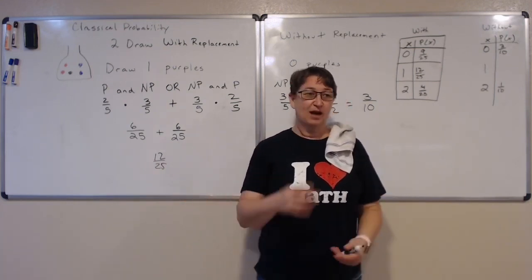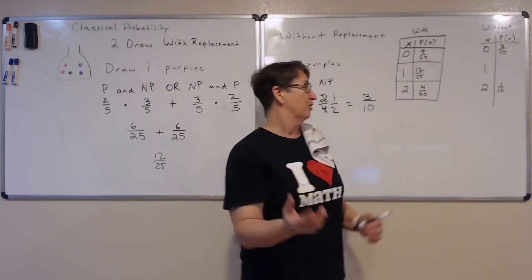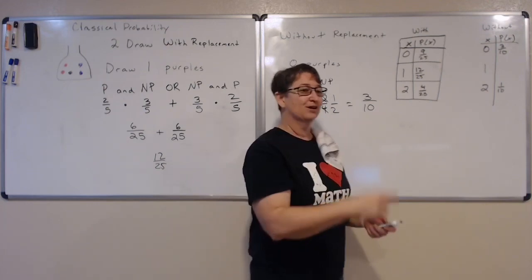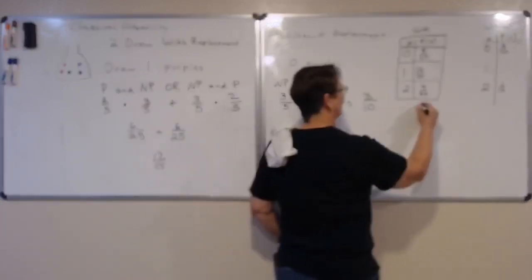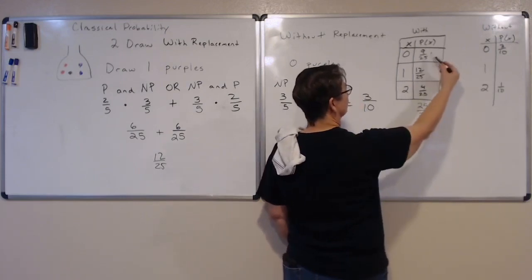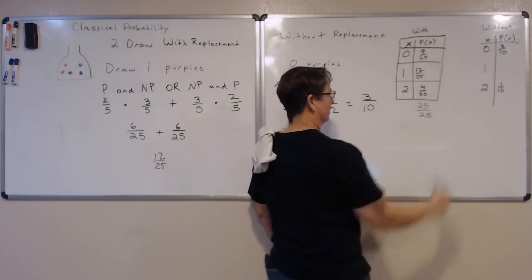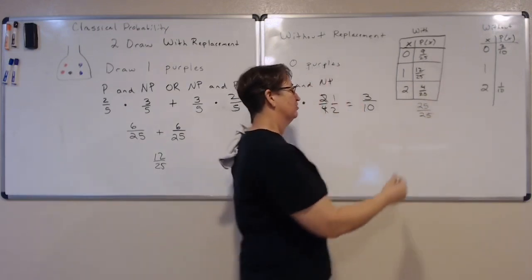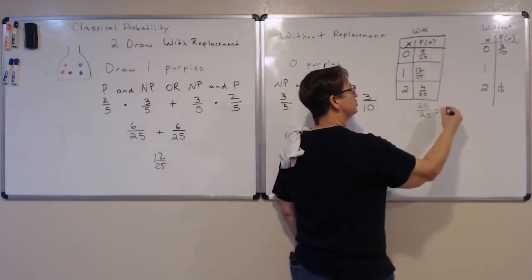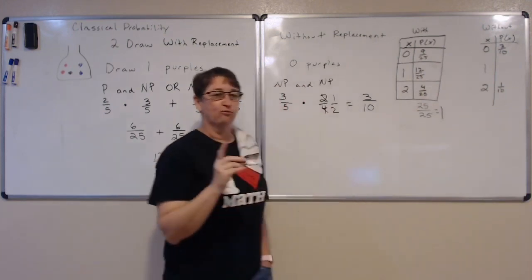Well, that should be 100%. So 100% of the time I should get either 0, 1, or 2. Good, it should add up to be 25 over 25, or 1. Does it? Let's see. That's 21 plus 4. Sure enough, it equals that 1. So if I've done all my probabilities correctly, this should add up to be one whole.